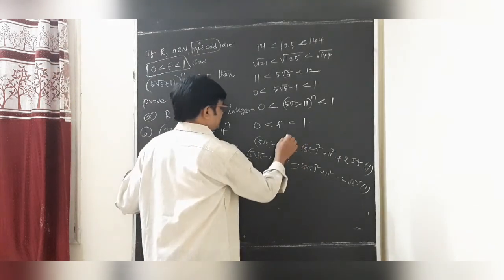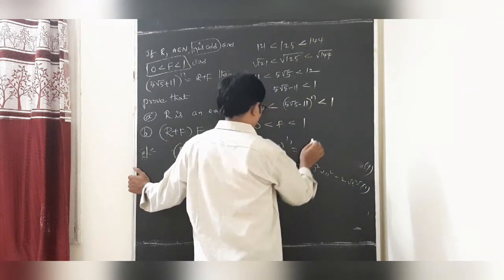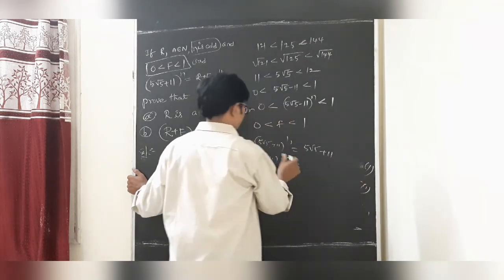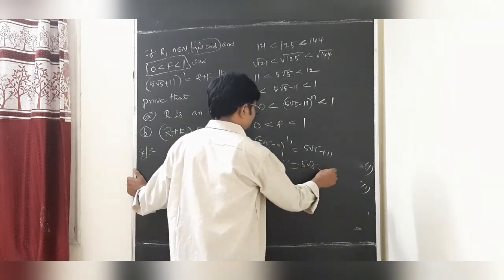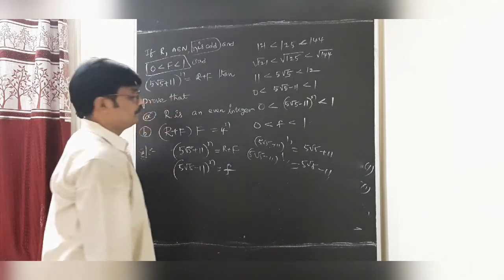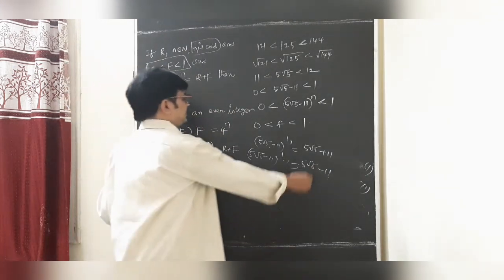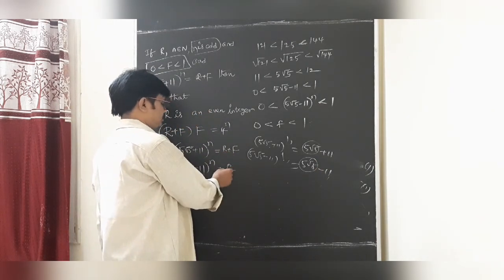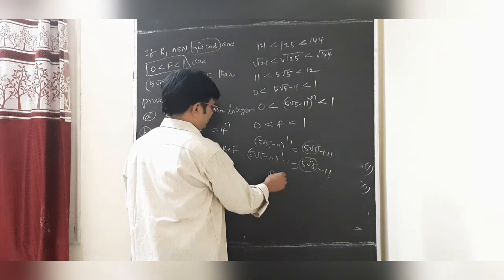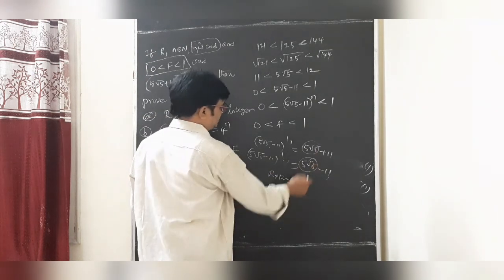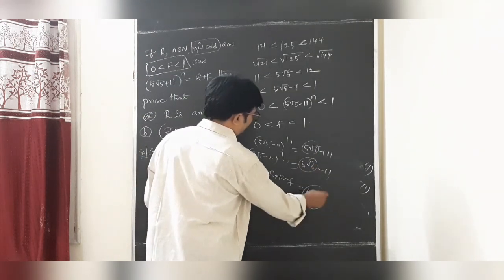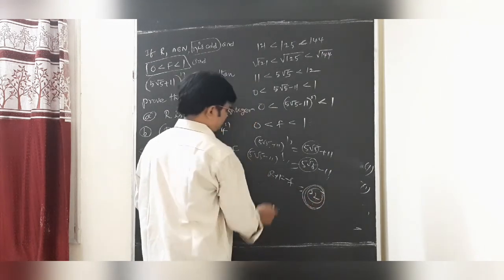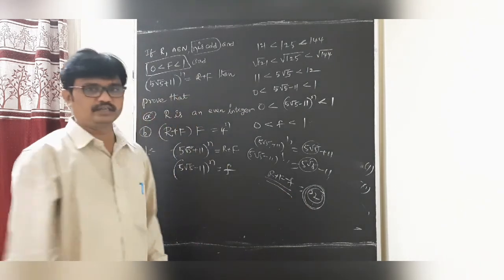When n is odd, suppose we take 1, 5√5 plus 11 and 5√5 minus 11. How to remove the irrational term? When you remove this, r plus f minus f, these two are cancelled. This is 22. Undoubtedly this is an even number. So r plus f minus f is what is required.